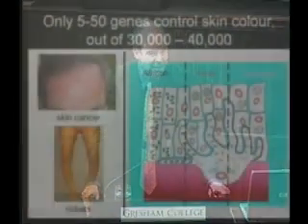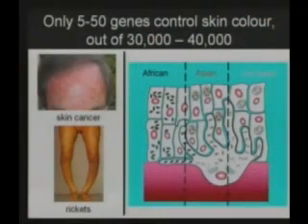But what I want you to notice at the top of this slide is that of the maybe 30,000, 40,000 genes that we have active that make us work on a day-to-day basis, maybe somewhere between 5 and 50 of those, a very tiny, tiny proportion, are associated with skin color.